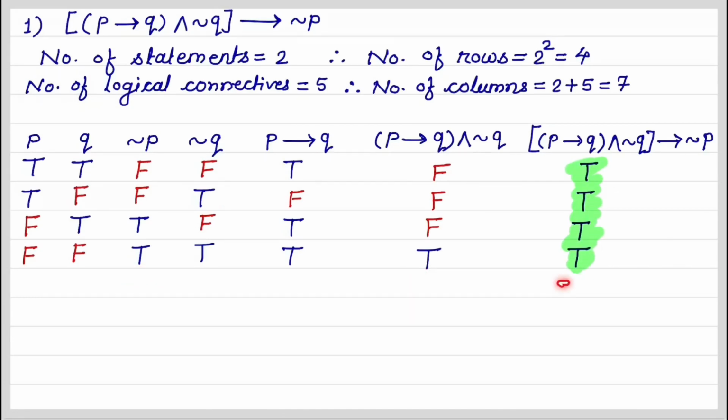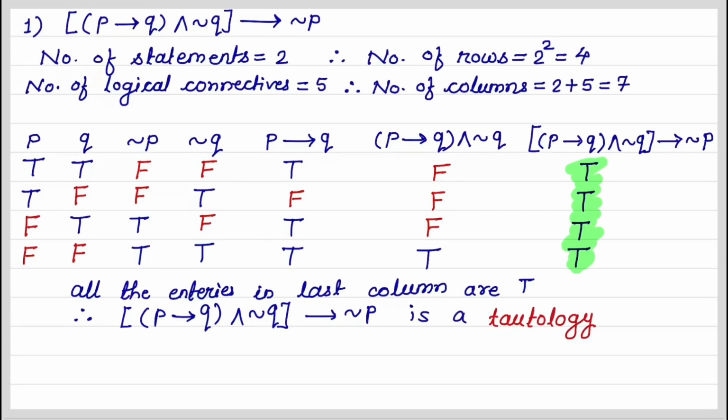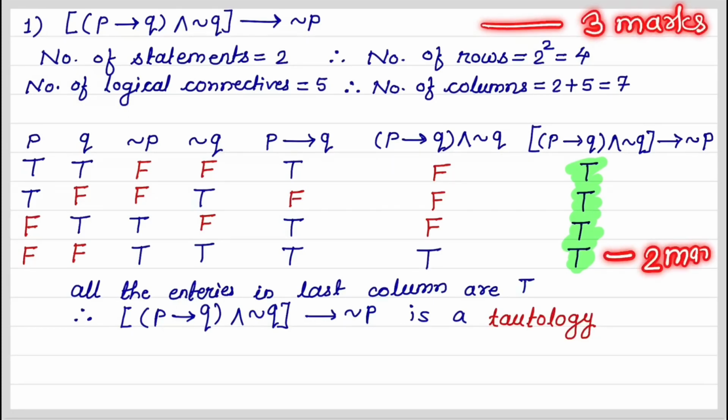All the entries in the last column are T. Therefore, given statement pattern, that is P implies Q and negation of Q implies negation of P is a tautology. This question carries 3 marks. Truth table is for 2 marks and last conclusion is for 1 mark.